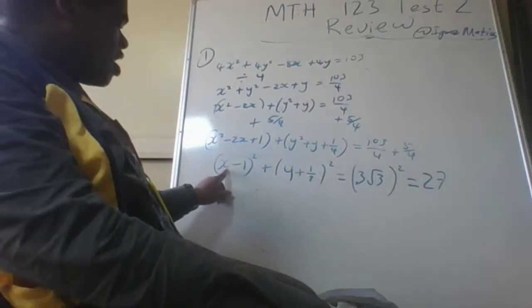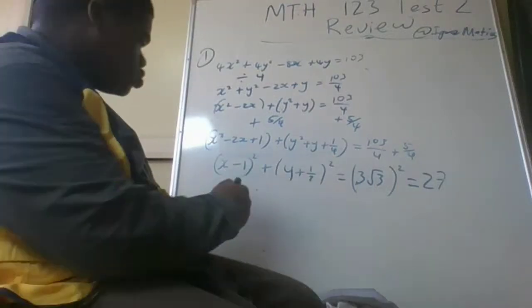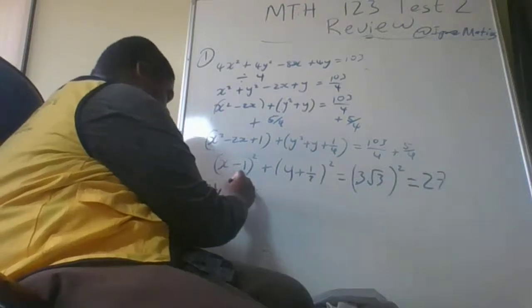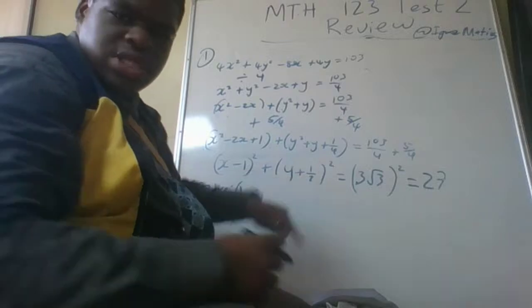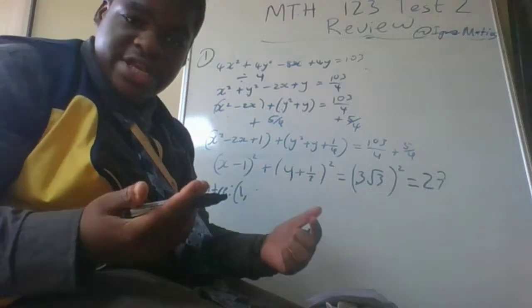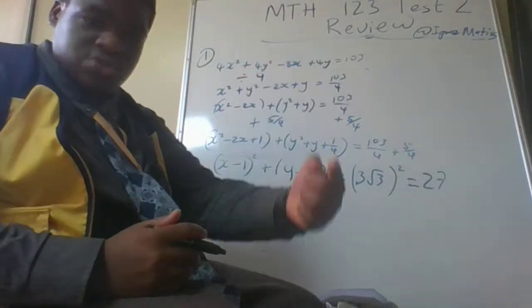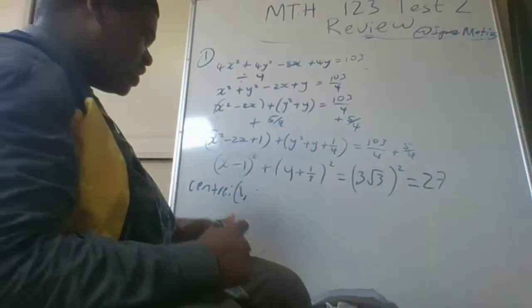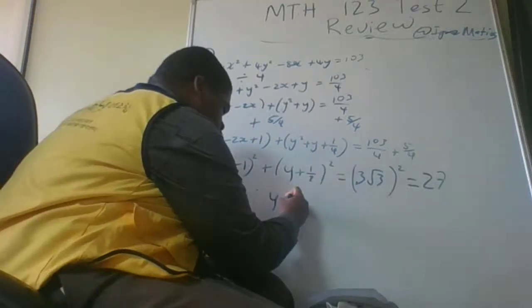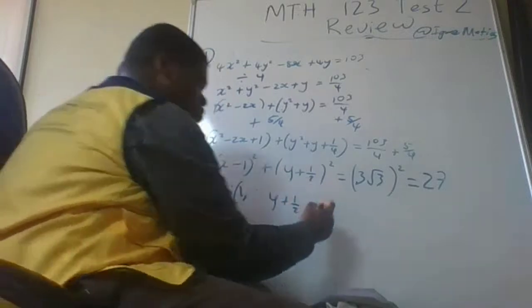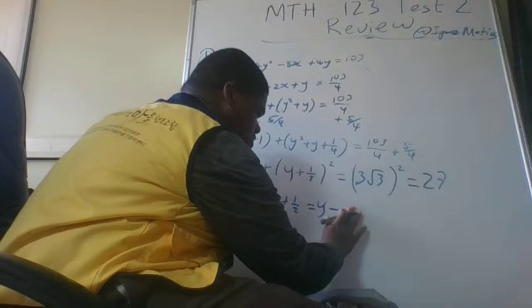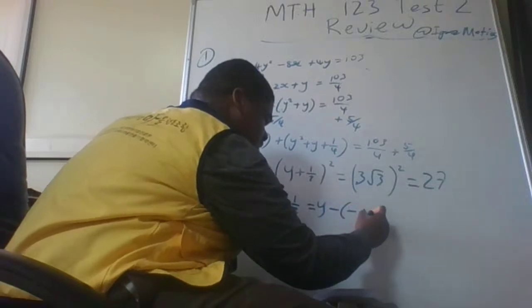If you look at it over here, you have x minus 1 already. So we already know that our center is going to have 1. But if you look, y has plus. Now, why does y have plus? Y is not negative. Well, let's say you brute force that negative inside here. So you have y minus half minus half.